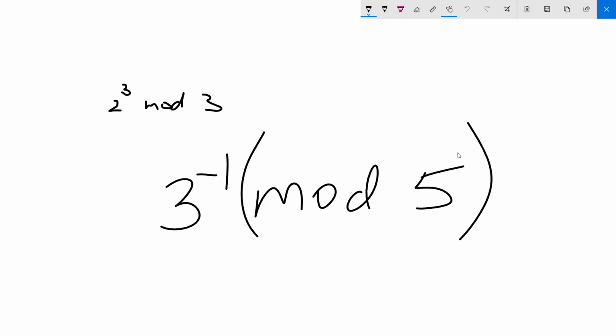Zero. So if we have n to some massive power taken mod n, how do you know that's 0? It's a multiple of n. A multiple of n mod n is 0.